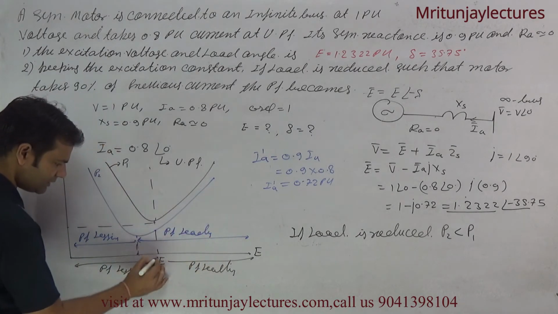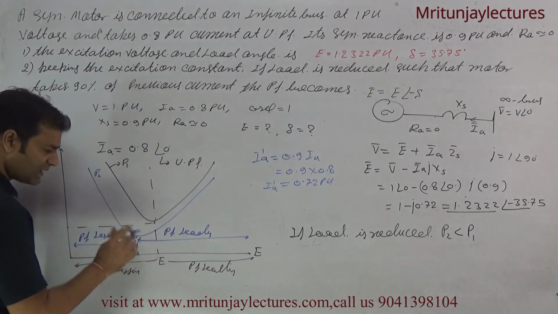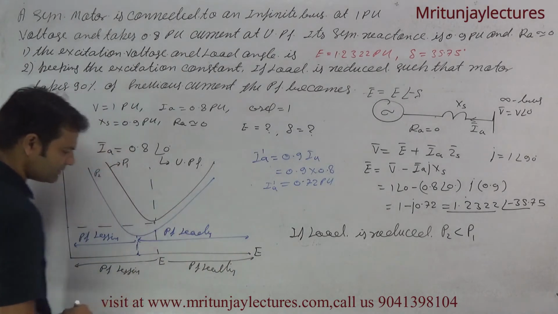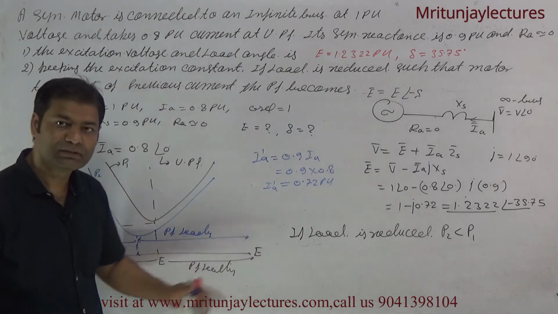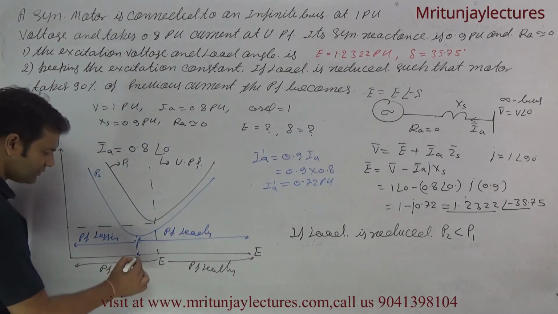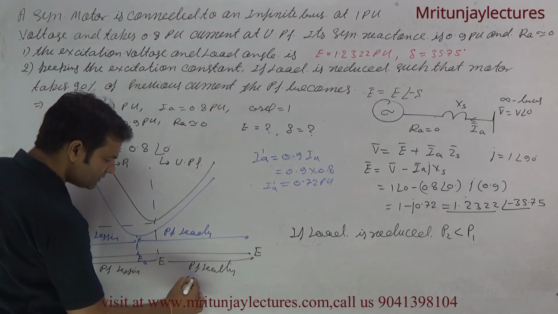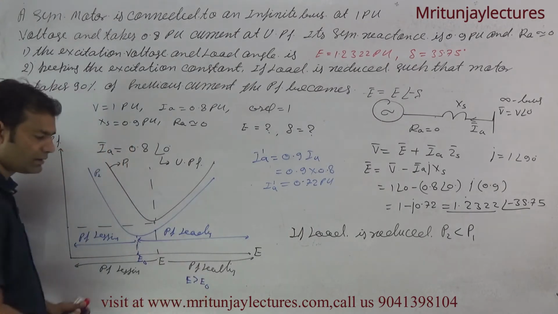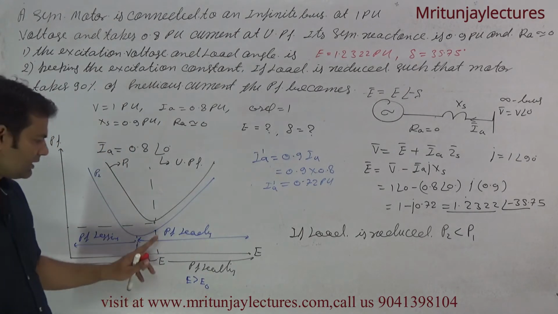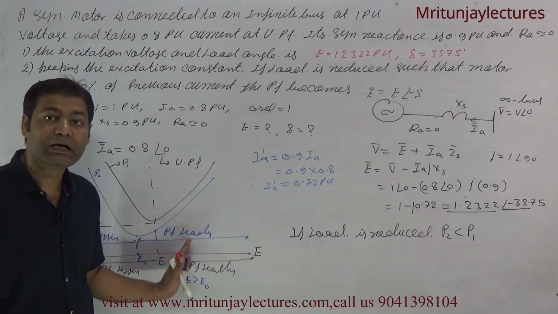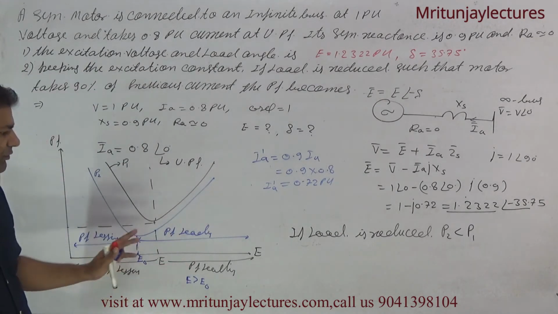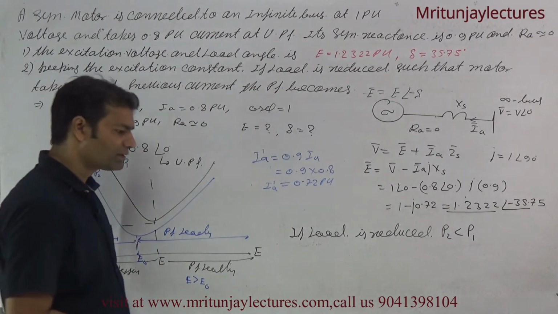So E lies after this region. If this one is E0, then E is greater than E0, and this lies in the leading power factor range. So the power factor becomes leading.